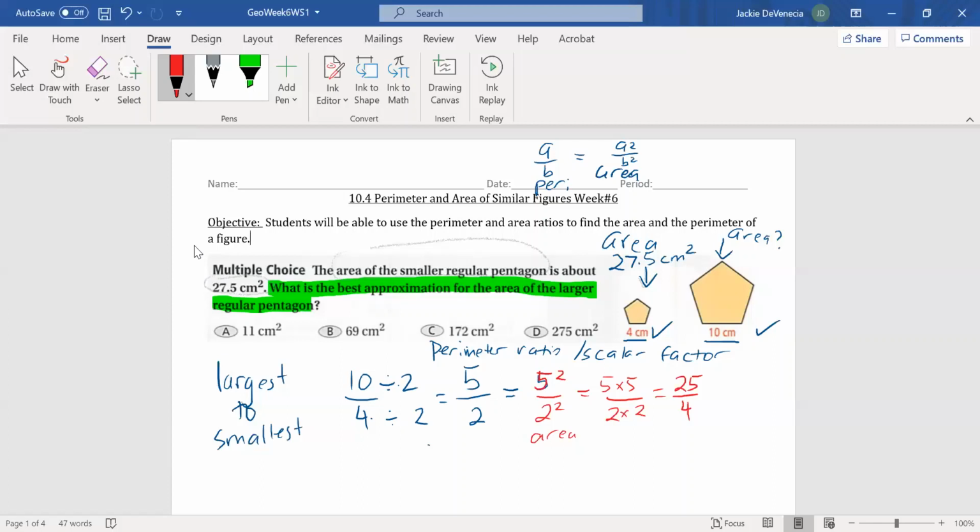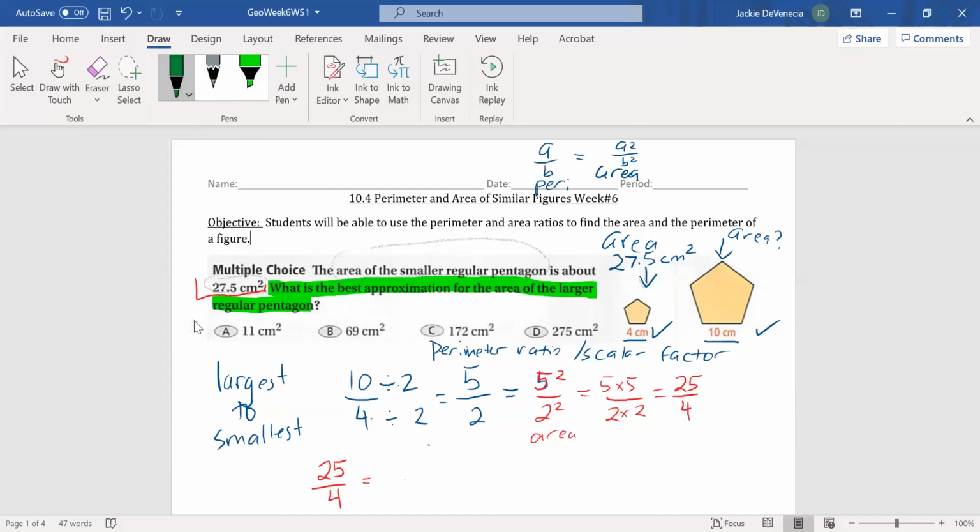So here I'm going to use my newly found area ratio. And you see how they told me that the area for the smaller pentagon is 27.5. I'm going to use that and make a proportion so I can find the area of this larger pentagon. So this is actually what I'm going to do.